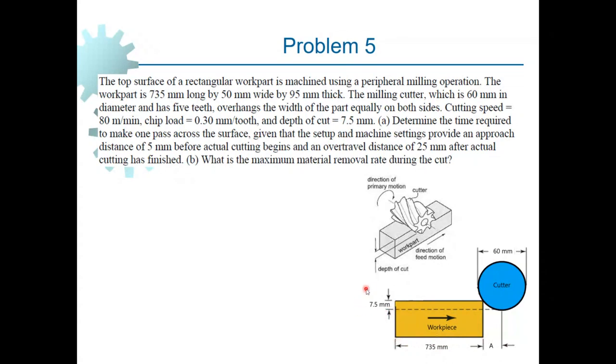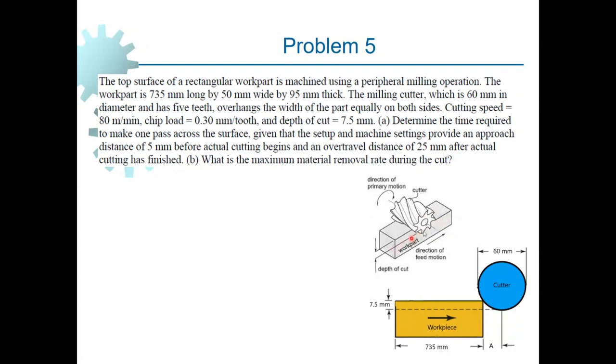And the depth of the cut is also given. It is equal to 7.5 mm. That's the depth of the cut, which is given right here. The milling cutter diameter is given as 60 mm, this one, and it says that it has 5 cutting edges or teeth. The image that I have shown here is taken from somewhere else, so it's not properly representing the number of cutting edges given in this problem.